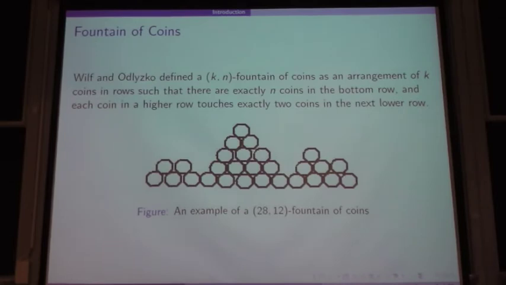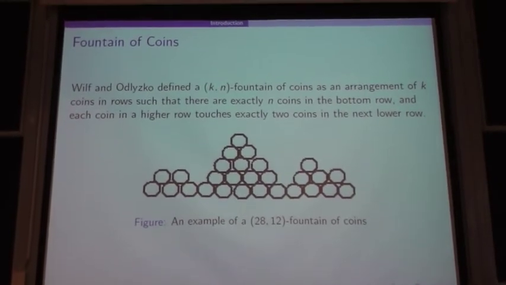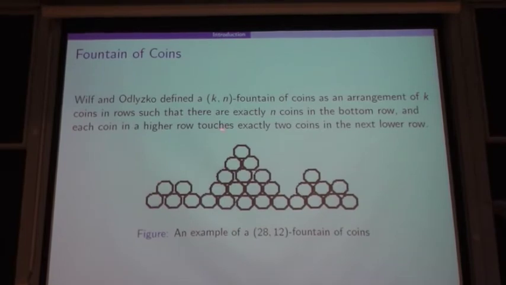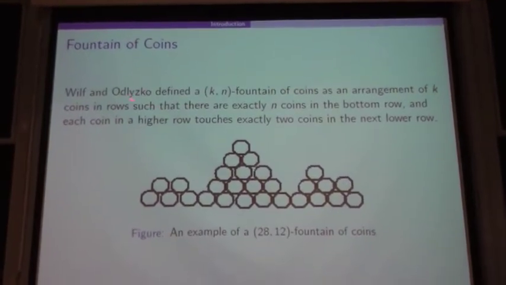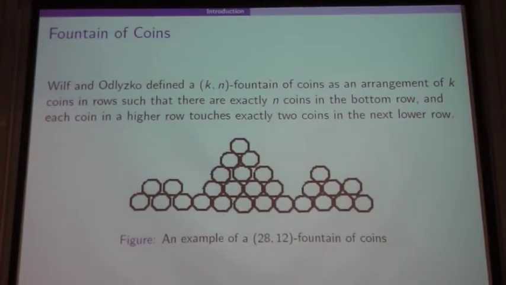So I'm going to start with a definition of fountain of coins that Herb Wilf and Andrew Odlyzko gave in one of their papers. By a Kn fountain of coins, we mean an arrangement of K coins, where K is the total number of coins in your arrangement, such that there are exactly n coins in the bottom row, and each coin in a higher row touches exactly 2 coins in the next lower row, and so on.